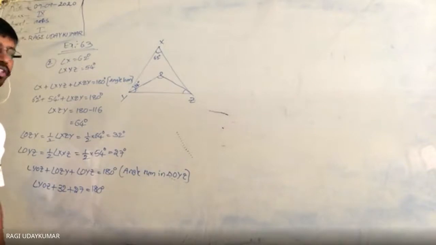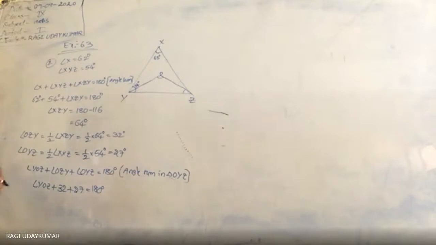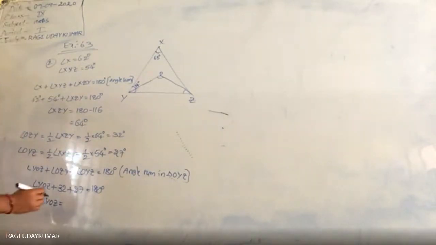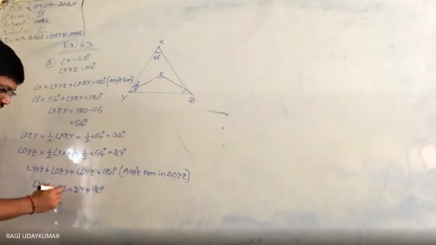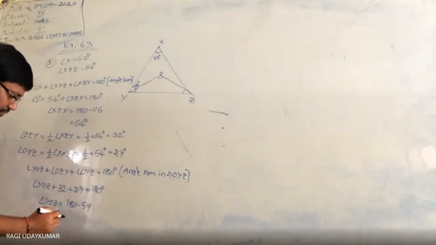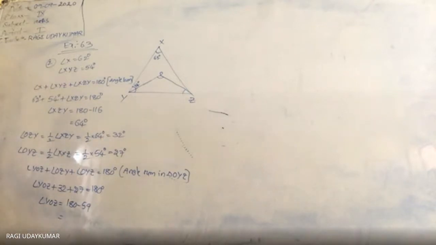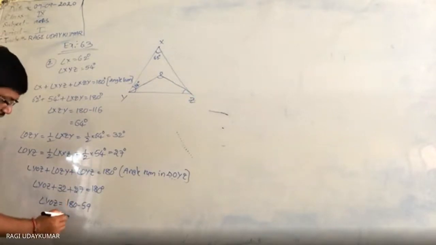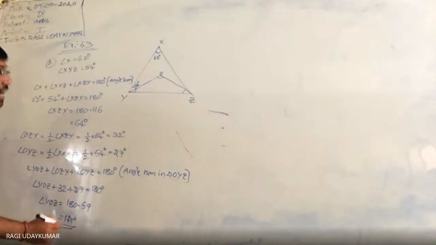So what do you get here? The sum of these two is 59. 180 minus 59 gives 121. So angle YOZ is 121 degrees.